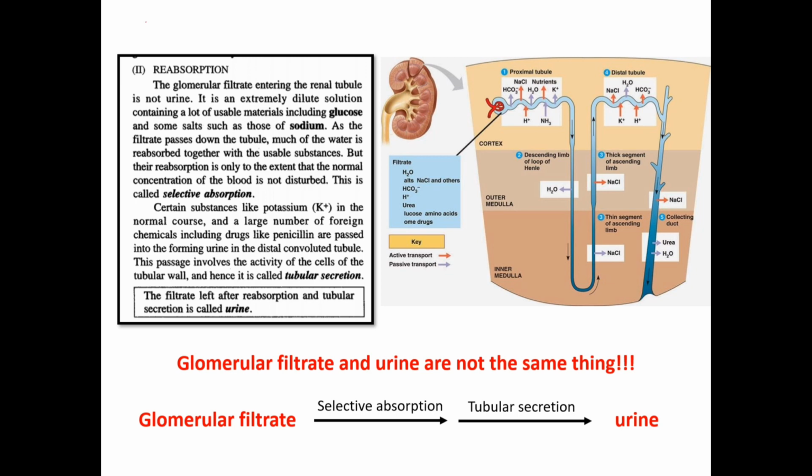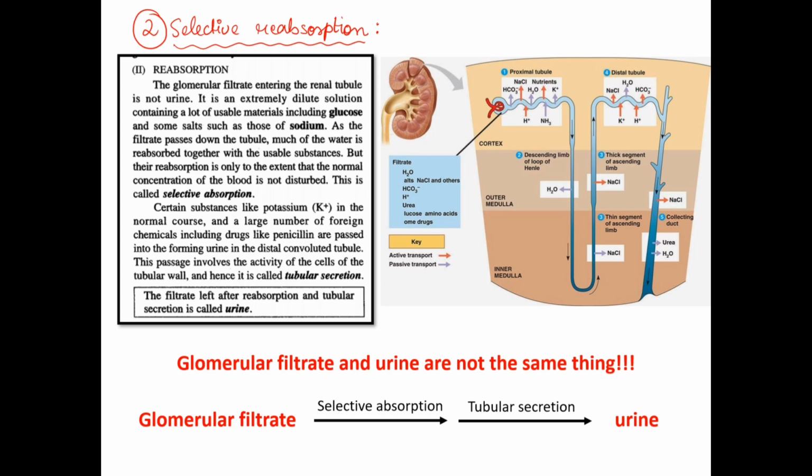Now coming to the second process, what we call selective reabsorption. If we analyze this term carefully, it gives us quite some of its meaning. One is selective: the tubule knows what to reabsorb. It does not reabsorb anything and everything. It will only reabsorb those things which are useful for the body.